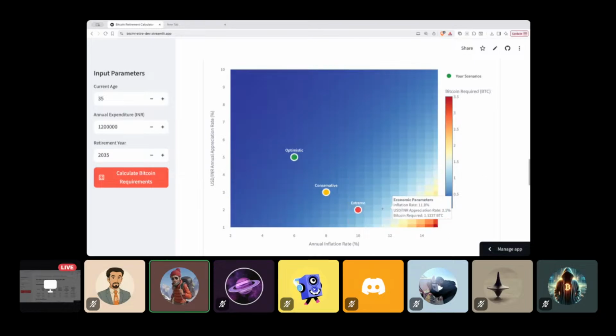So an advanced user who likes to game out multiple scenarios, who is interested in looking at not just these three scenarios, can pick and choose his parameters, and then figure out how much BTC they require.